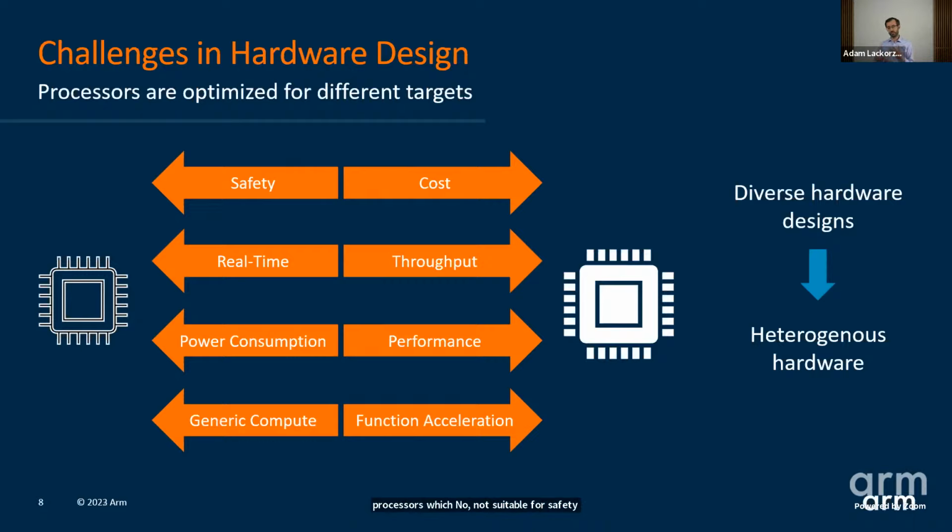They don't have those means. They're less costly. Similar consideration goes for real time, for predictability and throughput. CPUs having lots of throughput are not as predictable as required for a real-time use case.